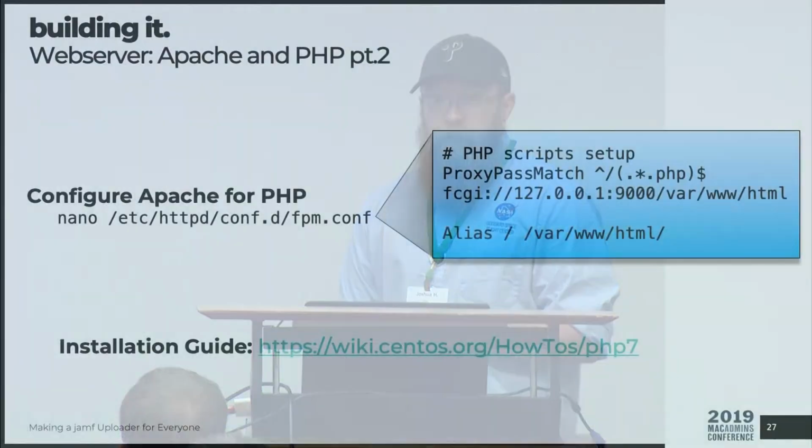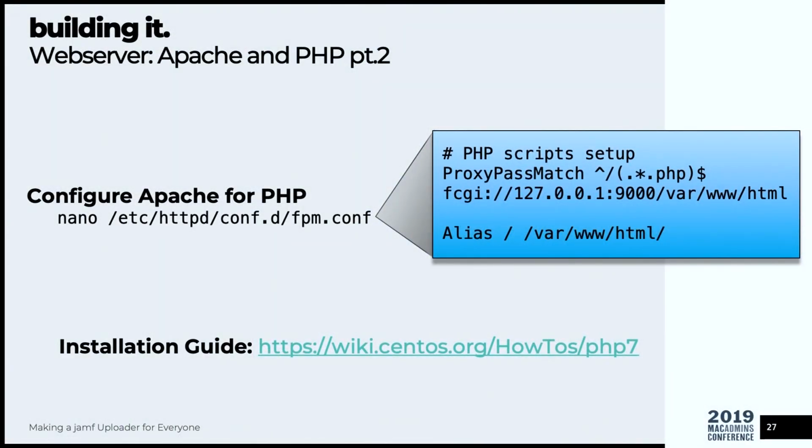So now what's next? Well, we have PHP and Apache installed. We just need to configure Apache and tell it to send any files that end with PHP to the PHP service we installed on the previous slide. Sounds really complicated. I promise you it's not. That's all it is. We're going to create a conf file in the etc httpd conf.d.